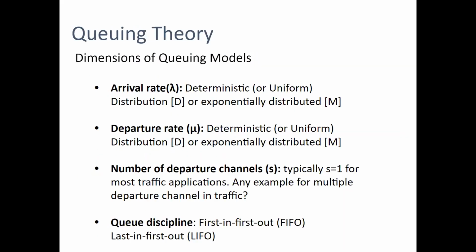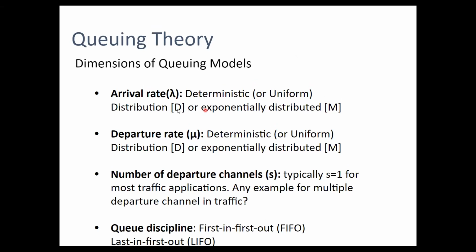If you're talking about queuing theory, we are looking at queuing models, and what we want to know beforehand, before we do any type of analysis, is these three things. The first one being the arrival rate, denoted by lambda.